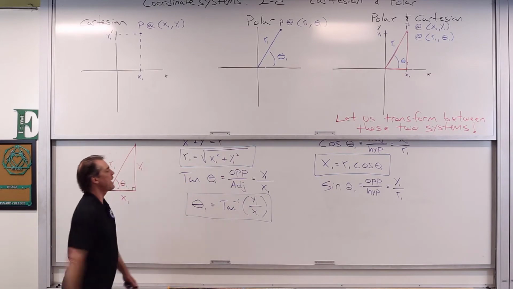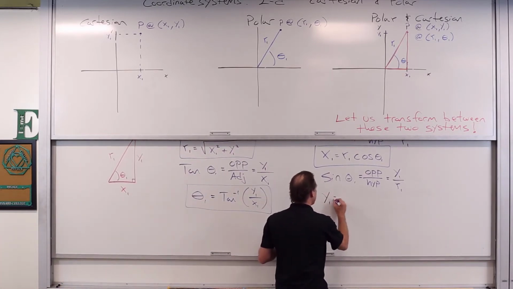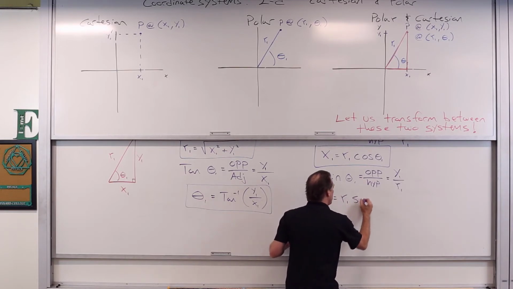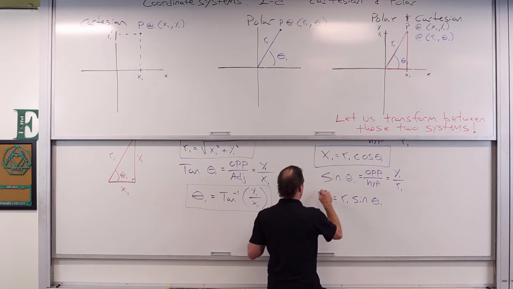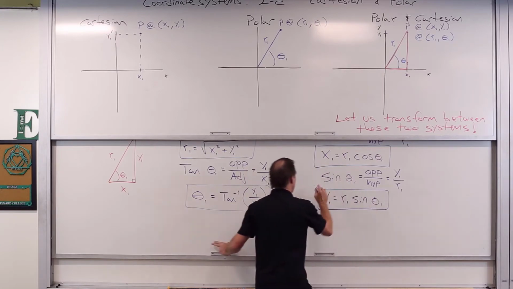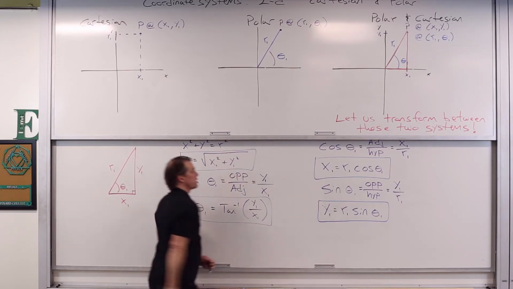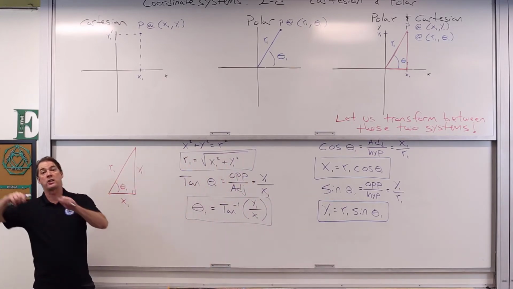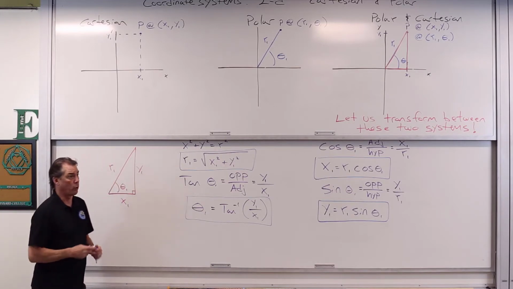Again, multiplying both sides by r1, we've got ourselves that y1 is equal to r1 times the sine of theta 1. These four expressions allow us to transform from and to Cartesian and polar coordinates.